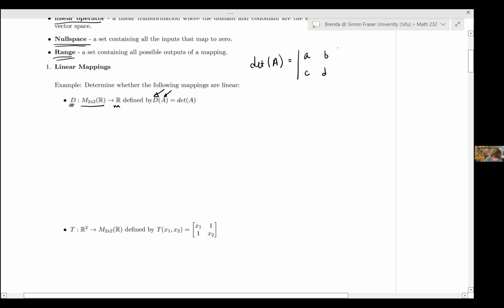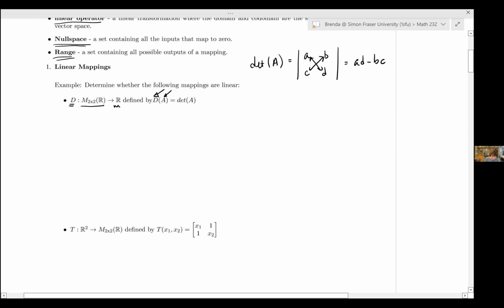This would be the determinant of the matrix with entries a, b, c, and d, which is ad minus bc. So we take the product of these two, and then subtract the product of those two. This is coming in more detail, but in the context of this problem, it doesn't matter if you don't recall what a determinant is.